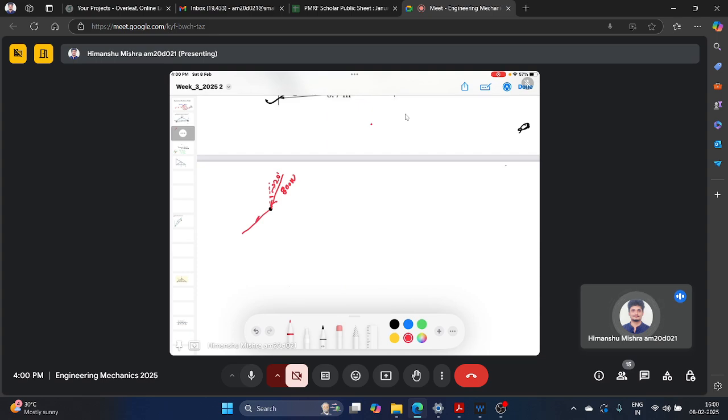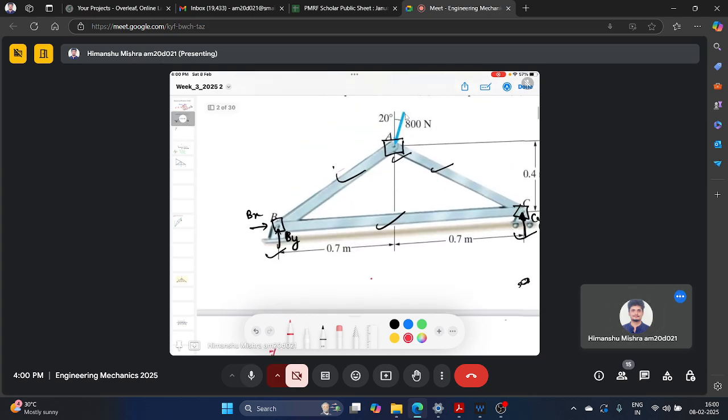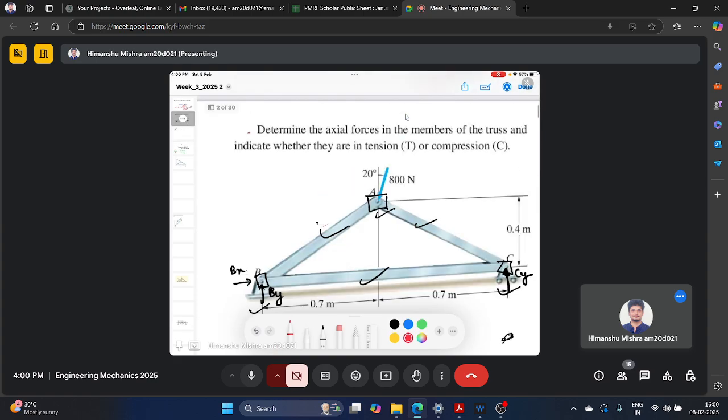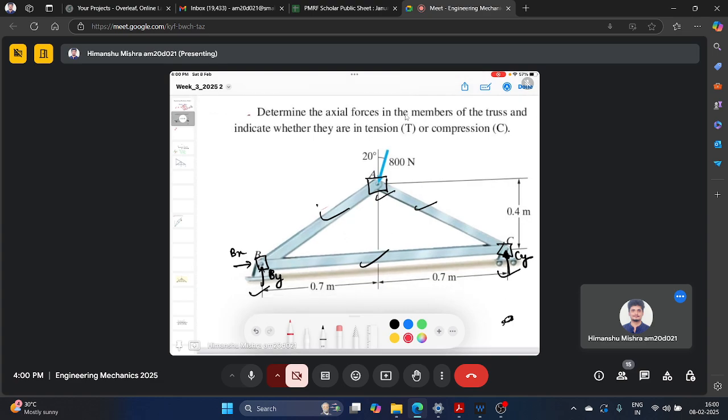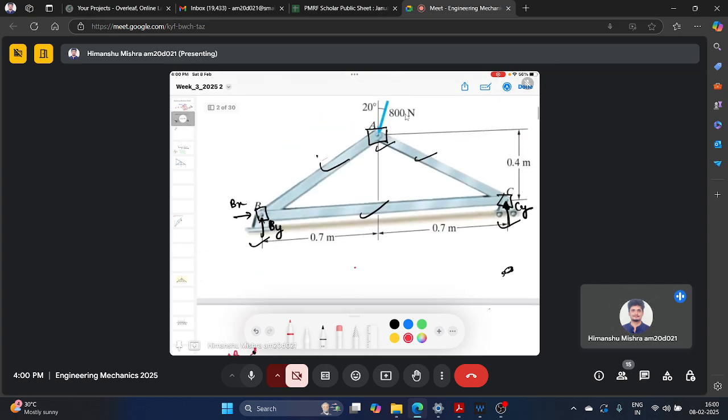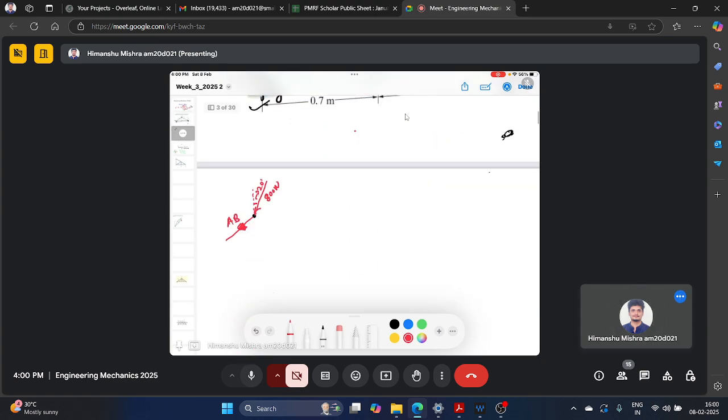Let me assume the direction of force AB away from the joint, and there is a force AC, which I am again assuming away from the joint.